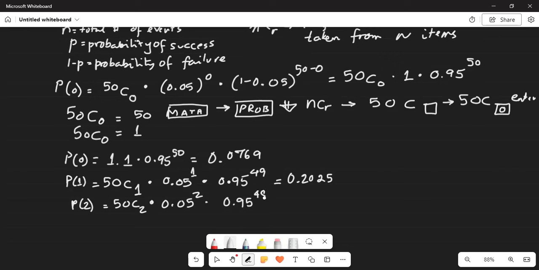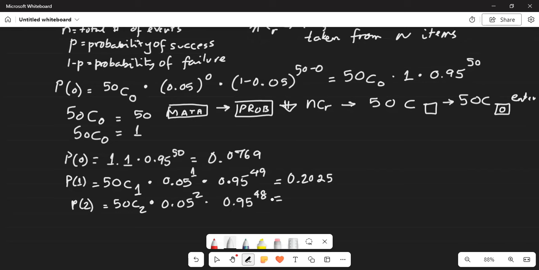Okay, and then P of 2 is equal to 50C2 multiplied by 0.05 to the power of 2 multiplied by 0.95, 50 minus 2 is 48. So 50, then math, then highlight PROB on the top row, then scroll down to nCr, and then bottom is 2.